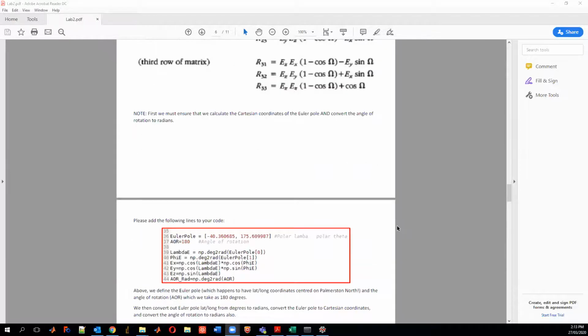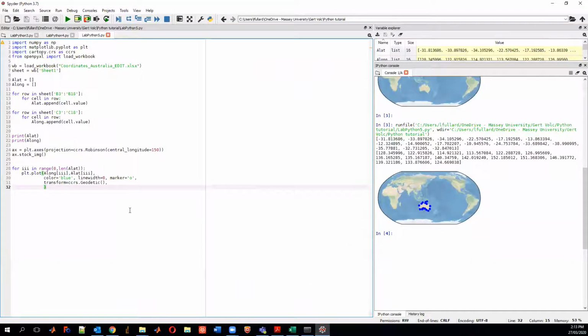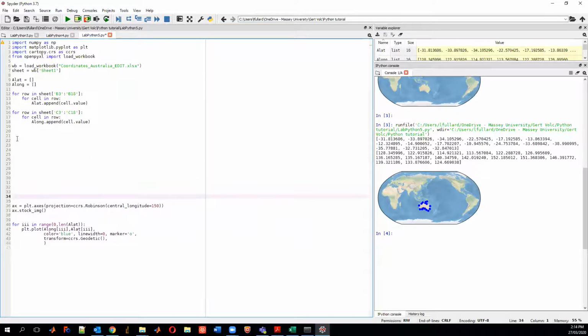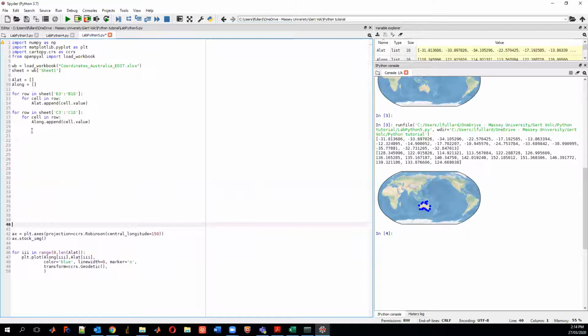Okay, so let's get going. Let's reopen our code and define an Euler pole. This is the code we had before. If you recall, first we read the points out of the workbook and then we plotted the points. I'm going to get rid of this print because I don't particularly want that there. I'm just going to push the plotting down to the bottom because I'm going to deal with that later. Before I plot anything, I want to define this Euler pole.